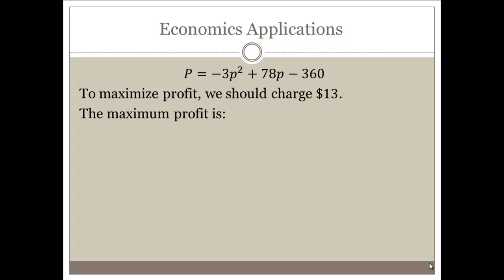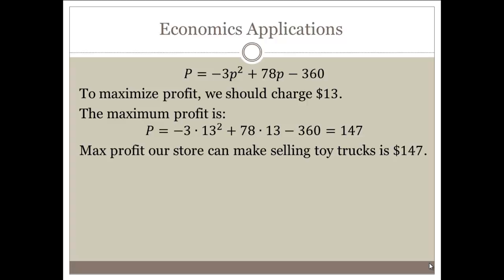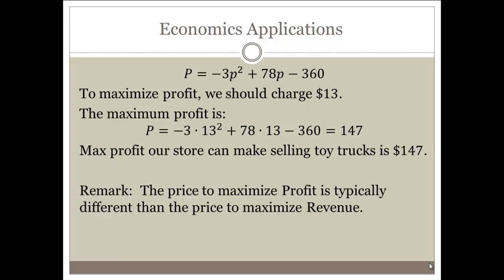To find this, we need to evaluate our profit function at price P equals $13. Doing this, we find that profit is negative 3 times 13 squared plus 78 times 13 minus 360, which is 147. So the maximum profit our store can make selling toy trucks is $147. It's worth pointing out that here, and in general, the price to maximize profit is typically different than the price to maximize revenue.